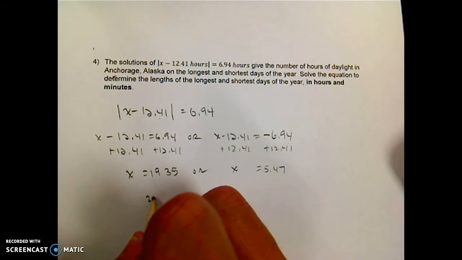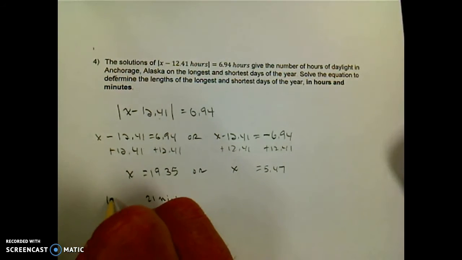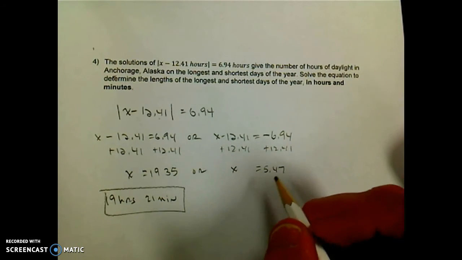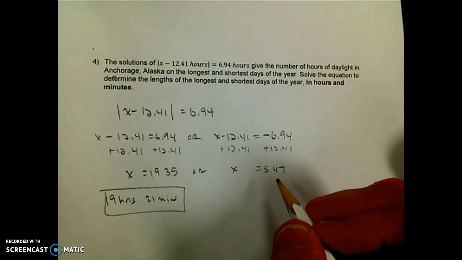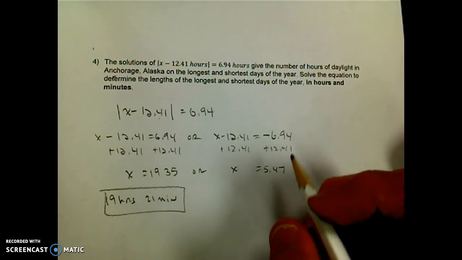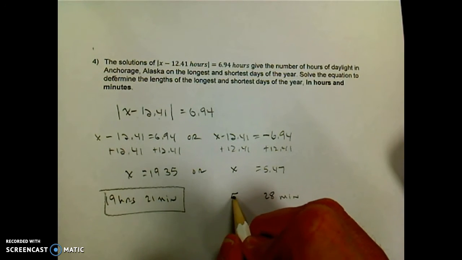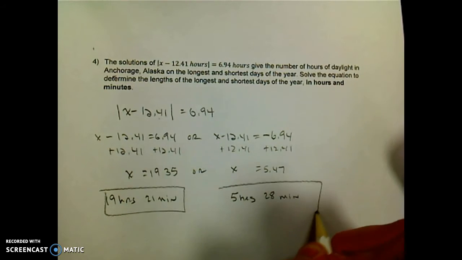That's 21 minutes. So 19 hours and 21 minutes of daylight on the longest day of the year in Anchorage. Similarly, 47 hundredths of an hour, 0.47 times 60, is going to be 28.2 minutes. We'll call that 28. So 5 hours, 28 minutes.